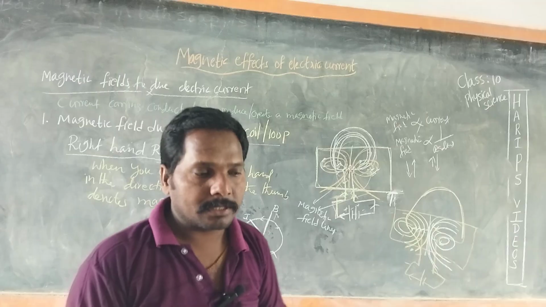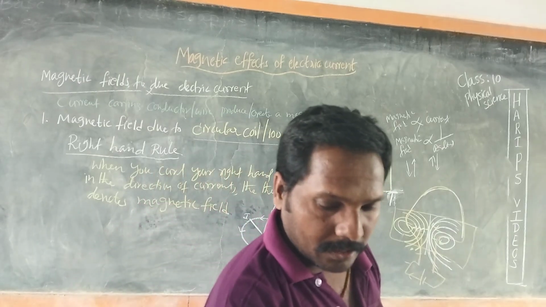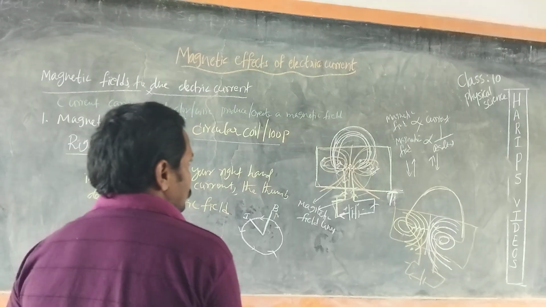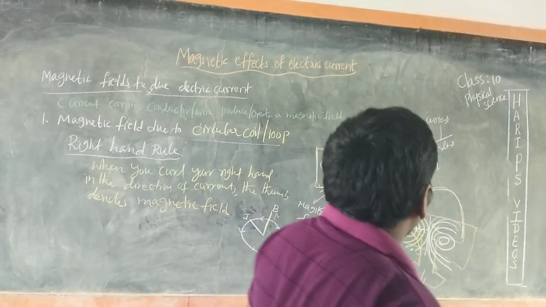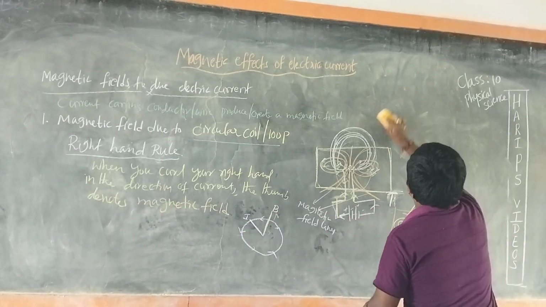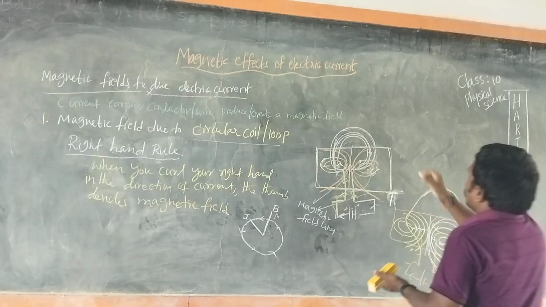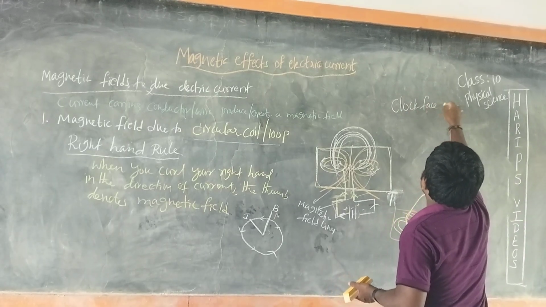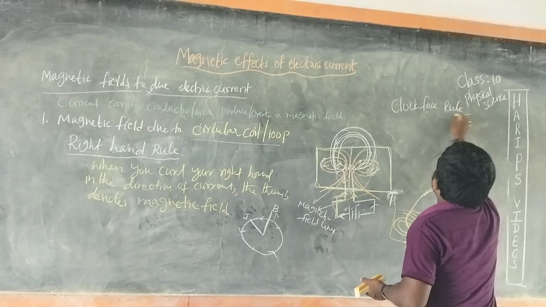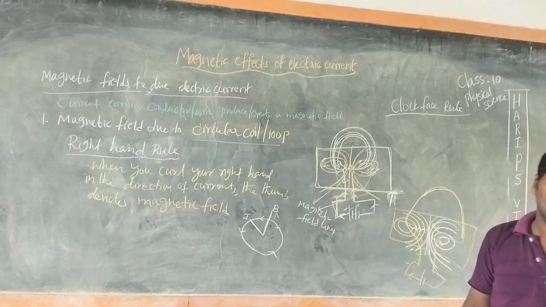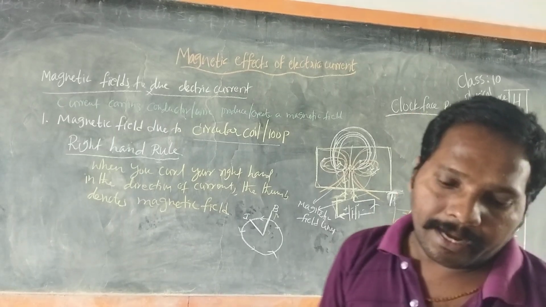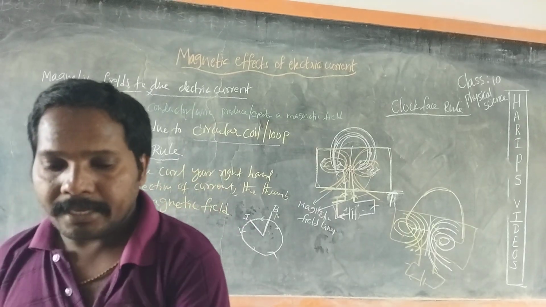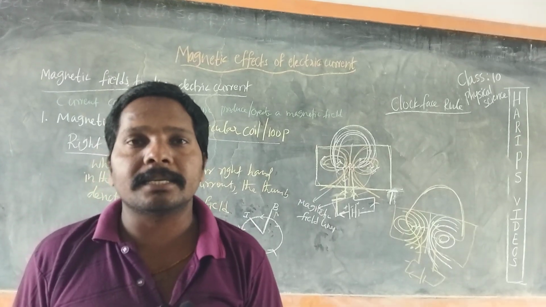Then regarding this, there is another law, the clock face rule. What is this clock face rule? A current carrying circular wire is like a thin disc magnet.